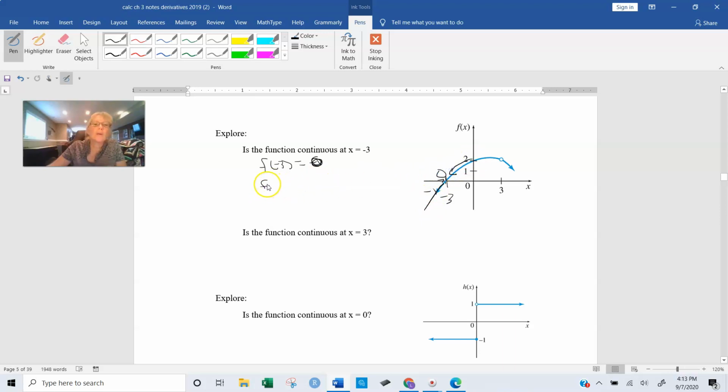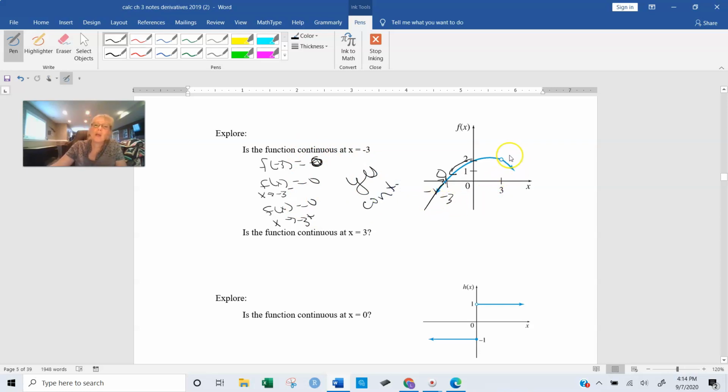So as f of x approaches -3 from the left, it approaches 0, and from the right, it is also 0. Since all three are 0, the answer is yes, it is continuous.